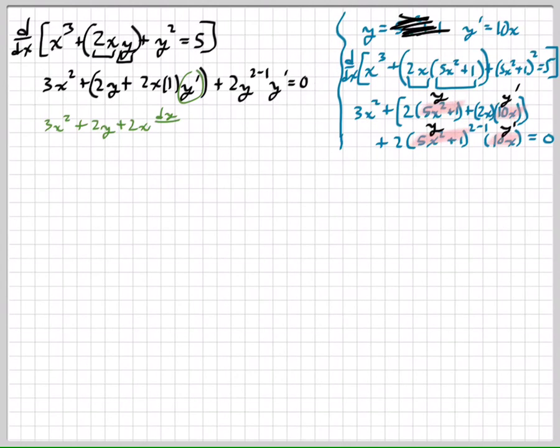That's the derivative of y with respect to x. dy over dx is the same thing as y prime, plus we have 2y, and then for this y prime, dy over dx. Now, you treat it still the same way. You're going to treat dy over dx like it's a variable, just like you would treat y prime as a variable.